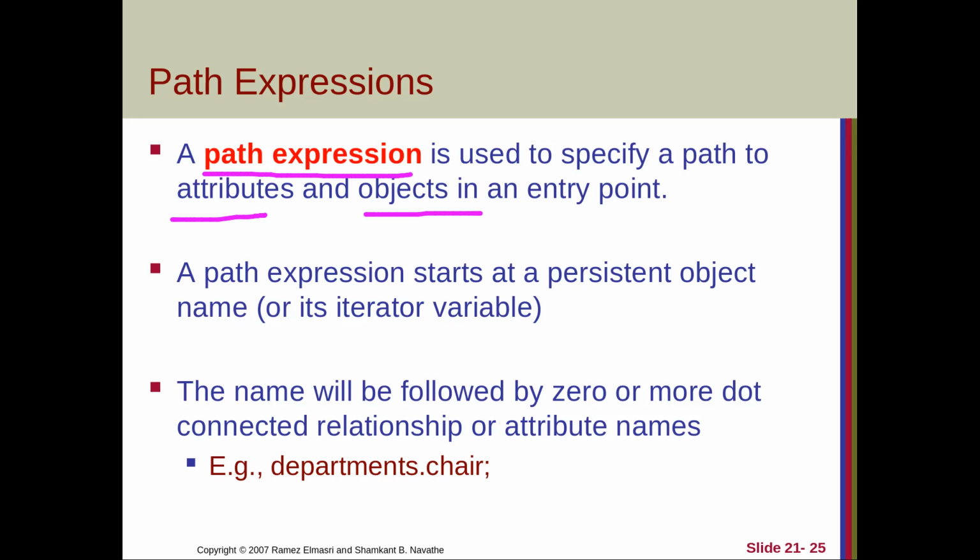A path expression starts at a persistent object like departments or its iterator variable. We can use the iterator variable also for setting the path expression. The name will be followed by zero or more dot-connected relationship or attribute names. For example, a path expression is given here, departments dot chair. From the departments extent, from that set of departments, select the chair.